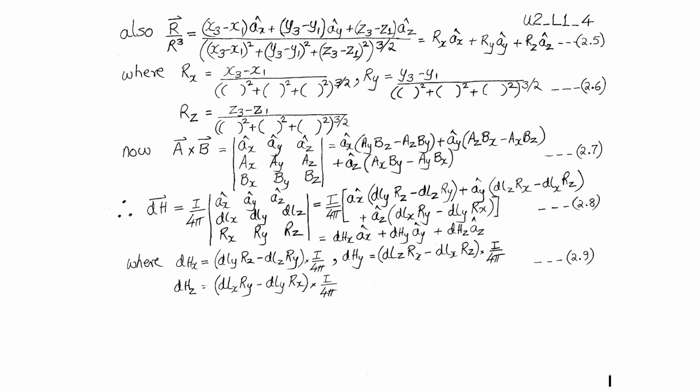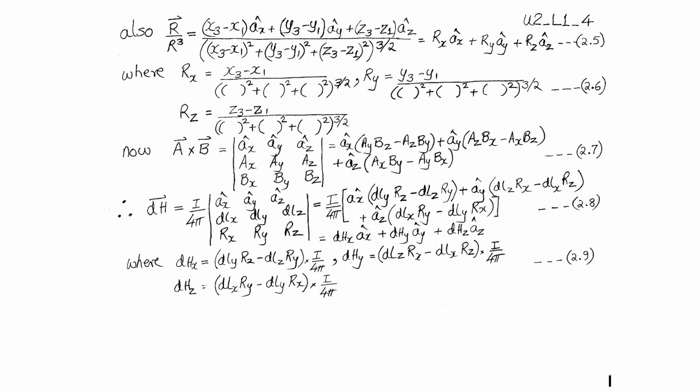to 3 by 2. And it also can be written as Rx into vector ax plus Ry into vector ay plus Rz into vector az, where Rx, Ry and Rz are given by equation 2.6 as Rx is (x3 minus x1) divided by (x3 minus x1) squared plus (y3 minus y1) squared plus (z3 minus z1) squared, the whole thing raised to 3 by 2.